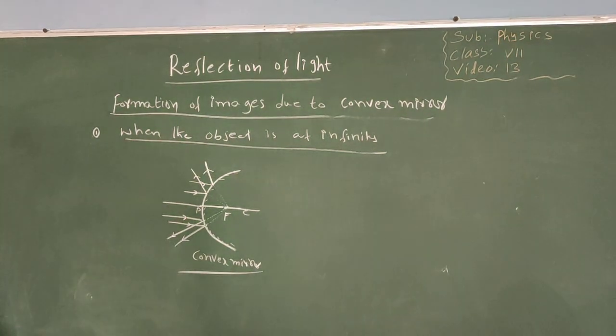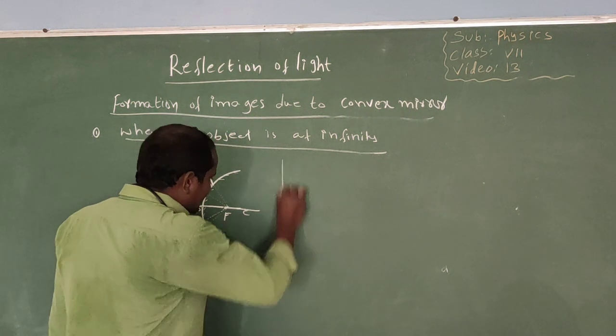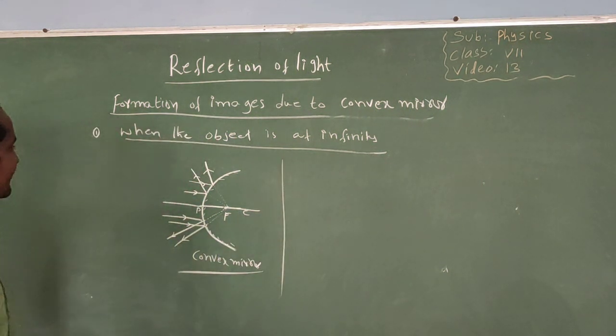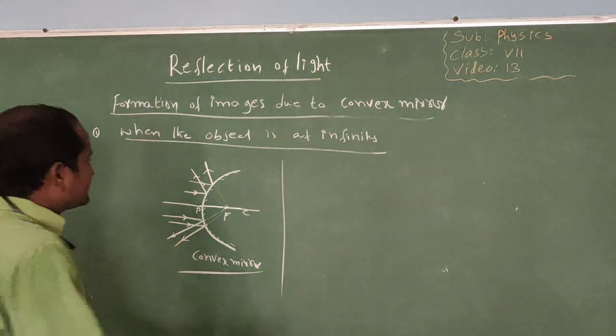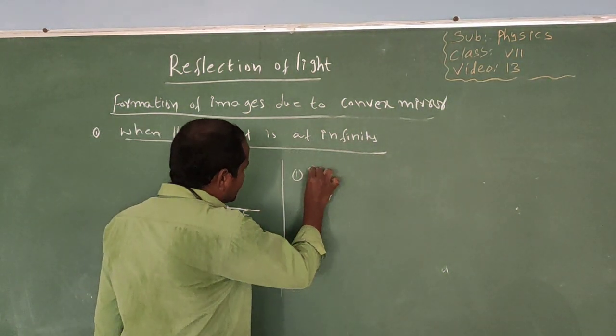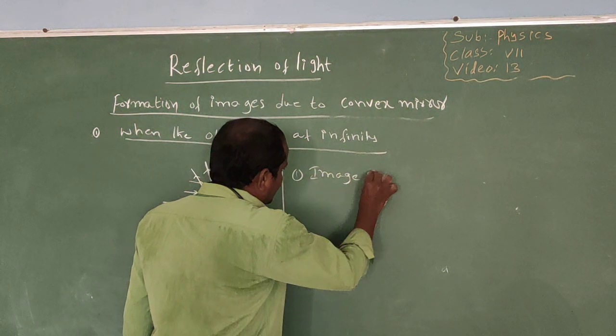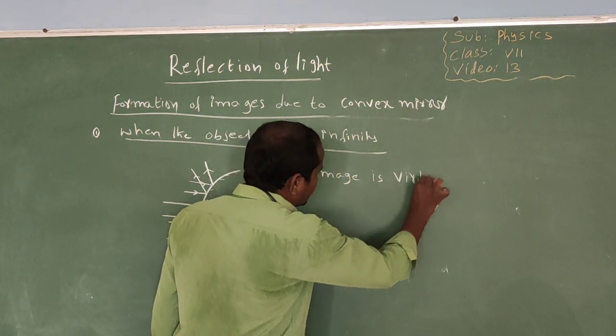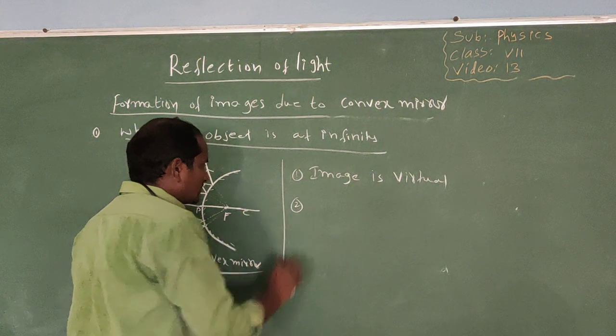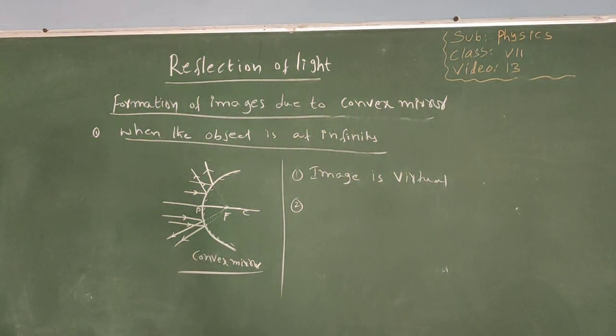At the same time, the image is virtual. A convex mirror gives a virtual image. The image is virtual and erect.